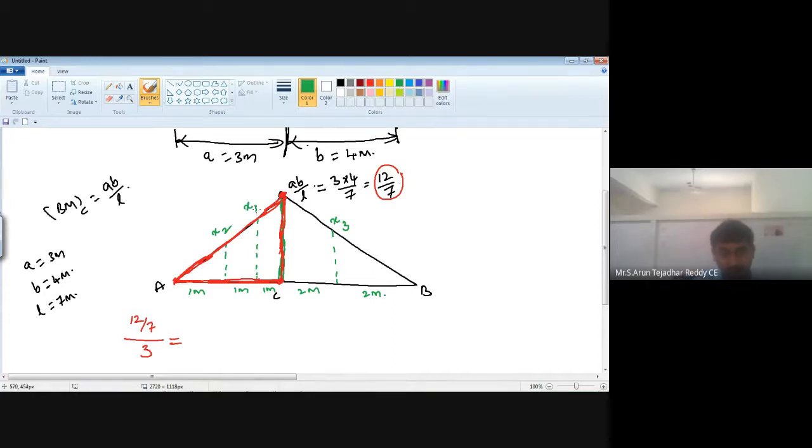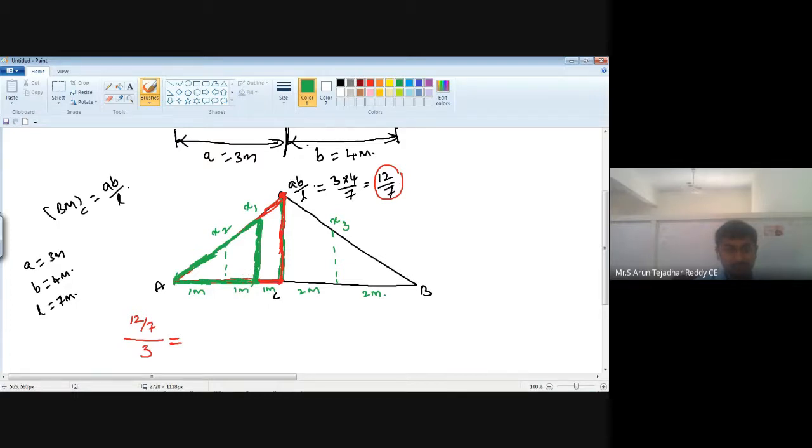For x1 create one triangle. This is a similar triangle. This entire green color is a similar triangle.